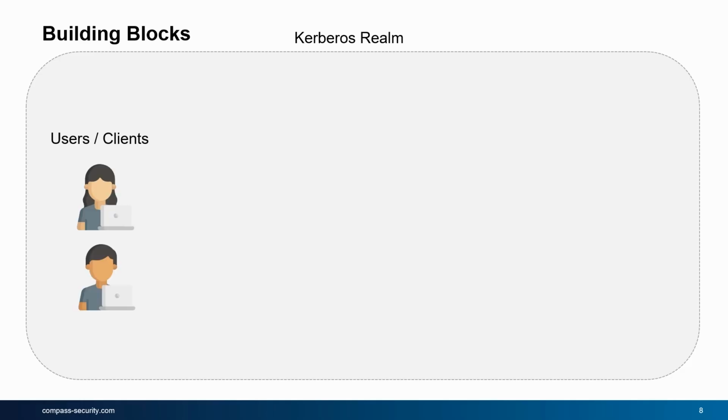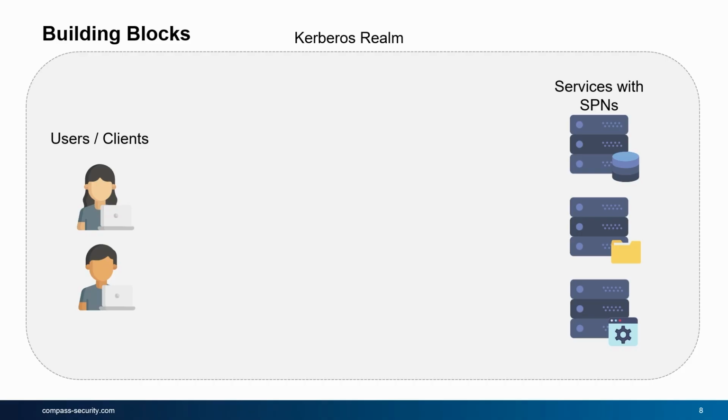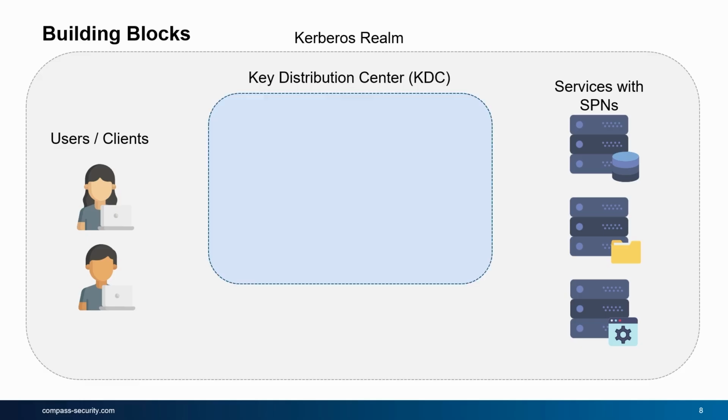So within this realm, we might have users or clients. We have services that offer something, like a database, file share, or application. And all these services, as mentioned before, must have a service principal name registered within the domain. And then essentially in the middle, to mediate between all the different parties, we have the key distribution center.